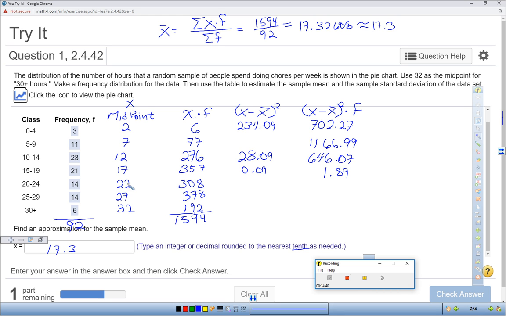Next one, the midpoint 22 minus the mean 17.3 equals a difference of 4.7. Now we need to square the difference, so it's 22.09. Multiplied by the frequency 14 gives me 309.26.